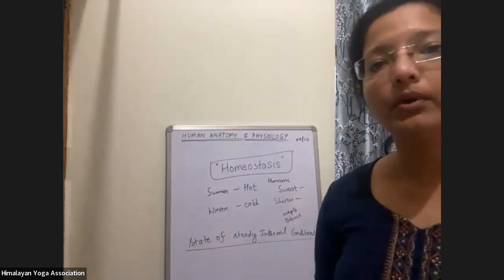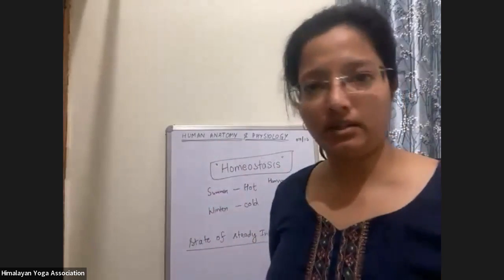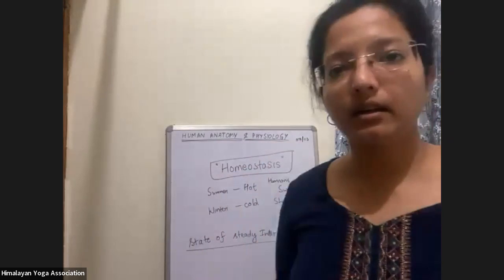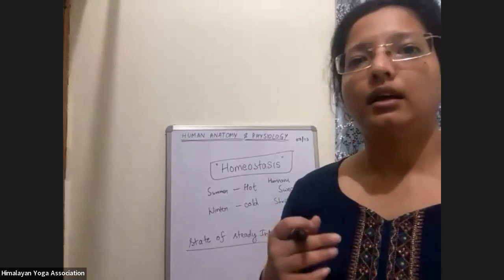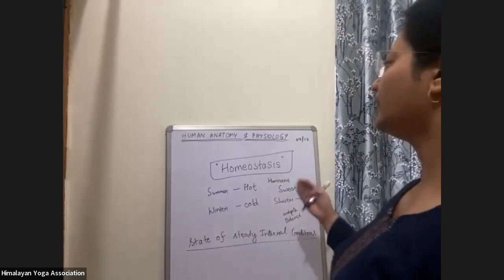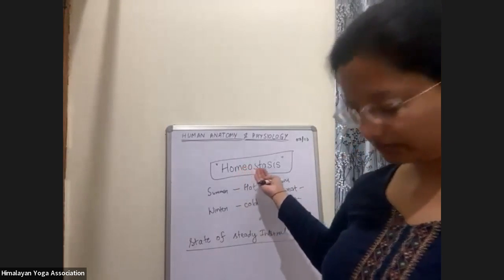A human body will always try to maintain its natural conditions inside the body, whatever is there internally, the temperature, the blood pressure. It will always try to maintain it, and that process is called homeostasis.